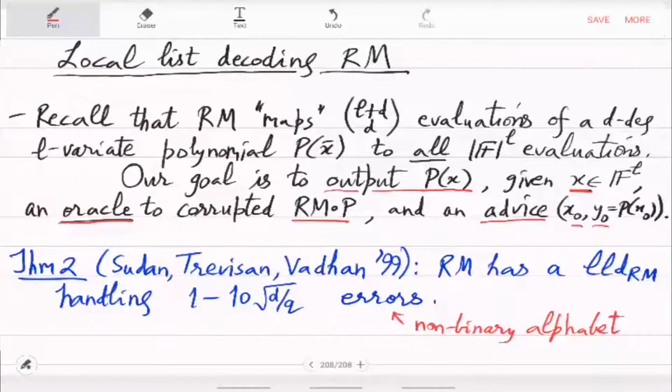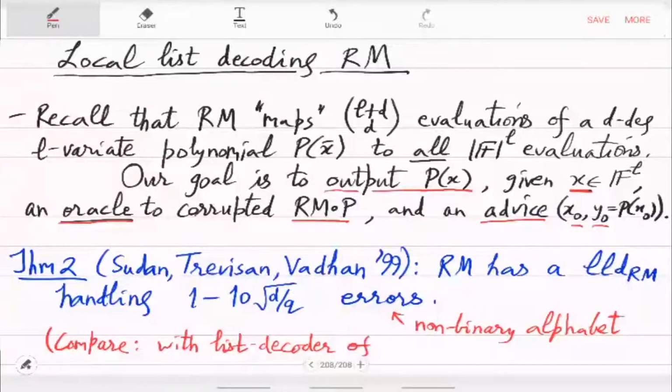So you can compare it with the list decoder of Reed-Solomon. That handles 1 minus square root of d by q errors.